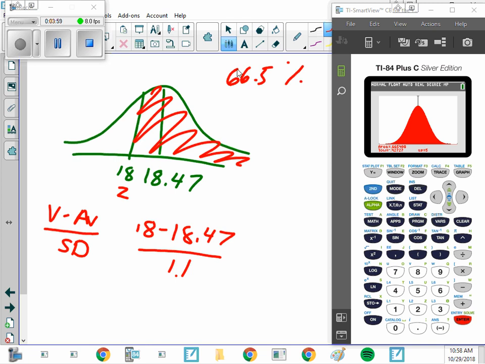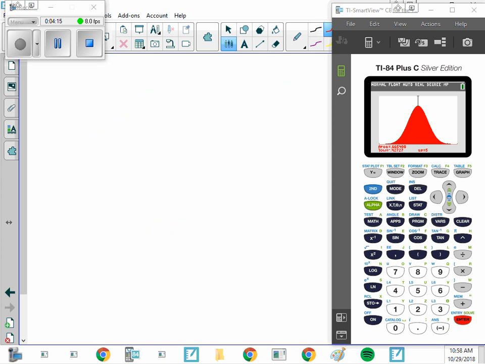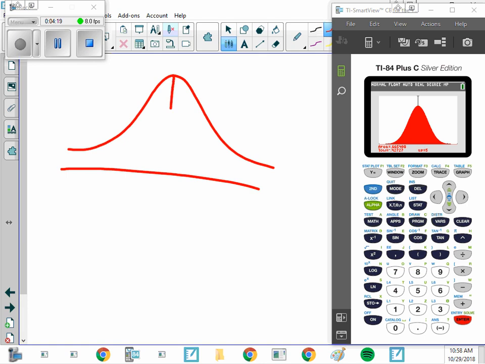Okay. Now this is going back to chapter 5. Number 2, 60% of males have leg measurements higher than what value? So here's my curve. I want to shade an area that represents 60%.